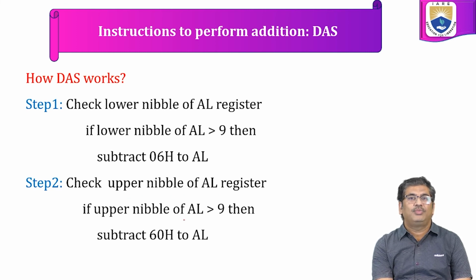If the upper nibble of AL is not a valid BCD number, that is, greater than 9, then subtract 60 from the AL register. In the two steps, whichever nibble you are checking, if it is a valid BCD number, that is, less than or equivalent to 9, then don't alter the contents of the AL register.